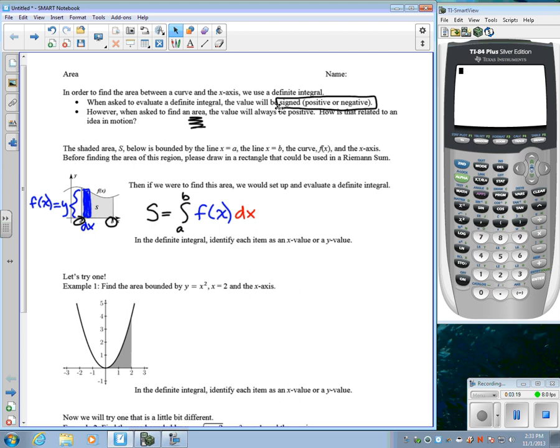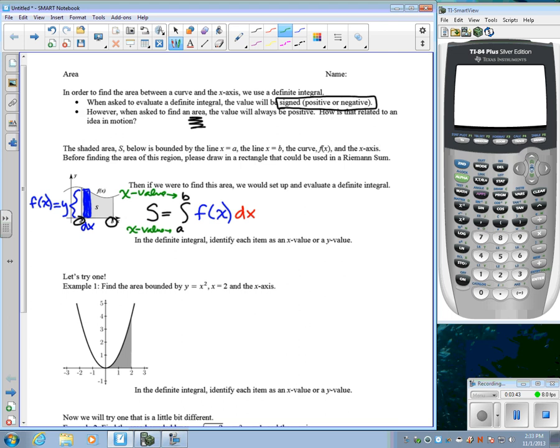Now the next thing on this handout says, in this definite integral, identify each item as an x value or as a y value. I'm going to start with the bounds. The bounds in this case are a and b, and those are x values. So this is an x value, and b is also an x value.